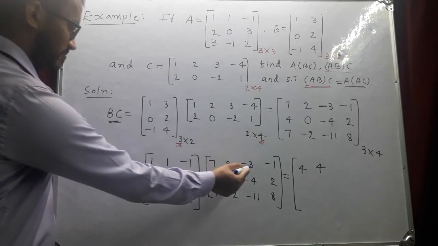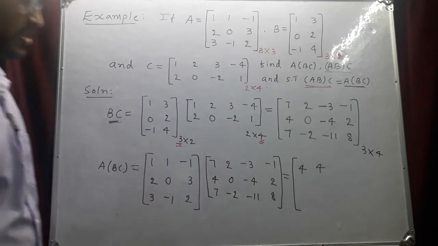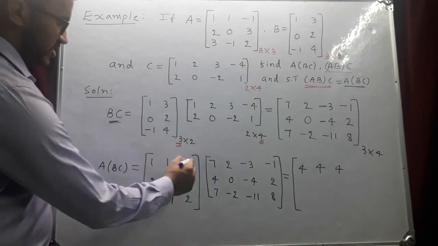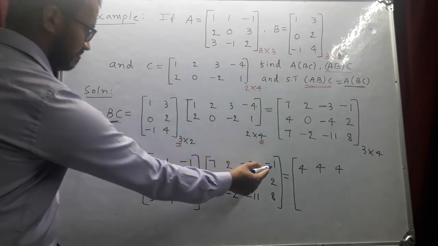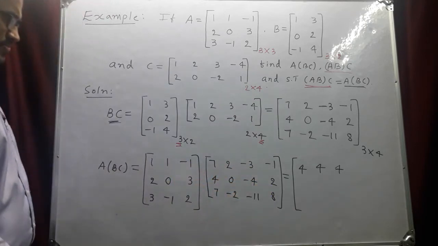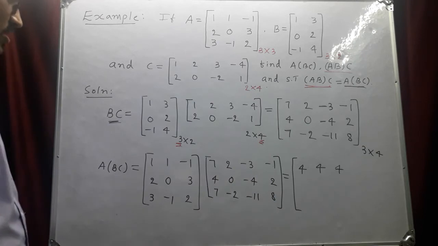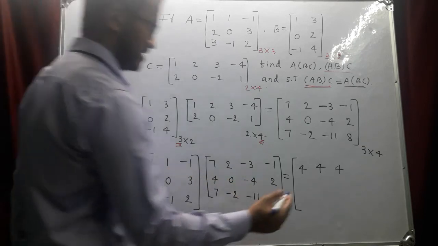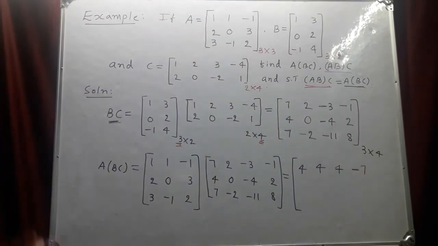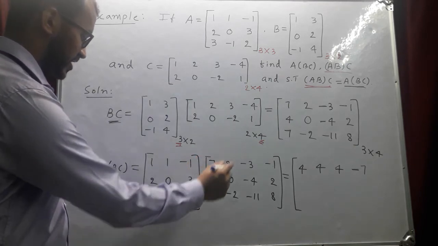So minus 3 minus 4, that is minus 7 plus 11, means again this element is also 4. Next element, first row, fourth column, minus 1 plus 2 minus 8. So how much do we get? Minus 1 plus 2, that is 1, 1 minus 8, that is minus 7. So we got the first row elements of the product.